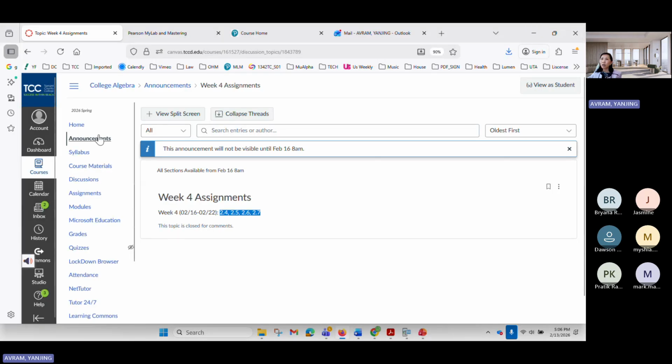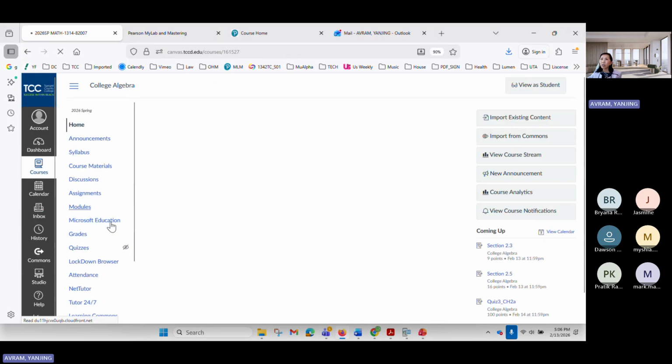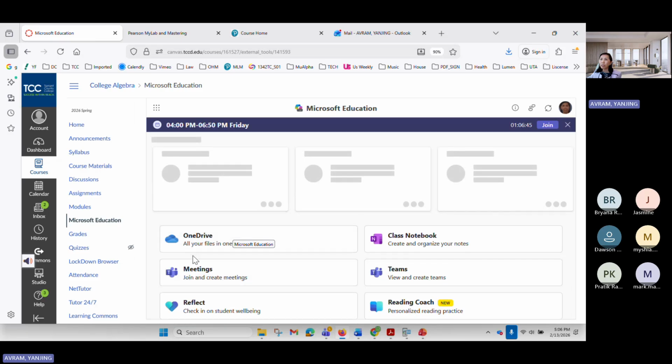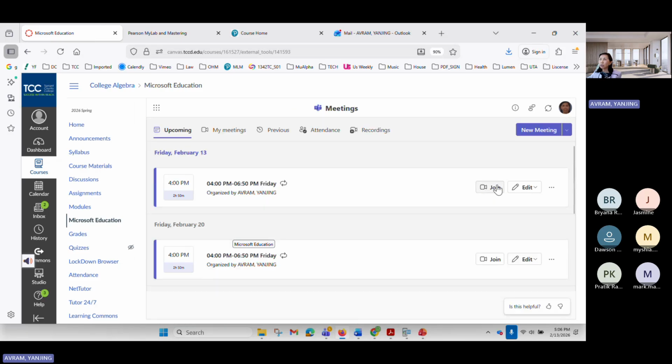You go to the course, then go to the Microsoft Education here, and then click the meeting. Click the meeting here, and then you click join. It's loading. I'll log into Canvas because it considers you the external one, and then click join.